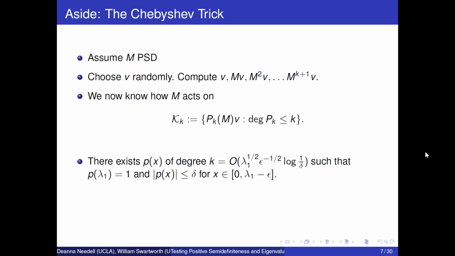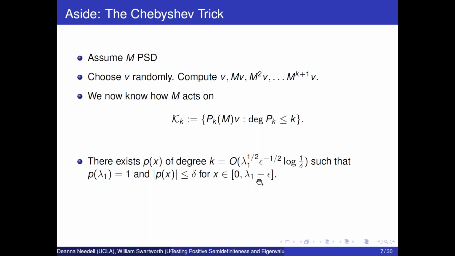And a really cool fact from approximation theory says there exists a polynomial P of X of degree K, which is order square root lambda 1 times 1 over square root epsilon times log 1 over delta, such that this polynomial evaluates to 1 on lambda 1 and evaluates to at most delta on any argument x which is sufficiently far away from lambda 1.